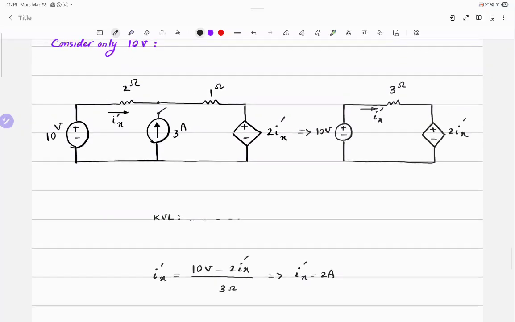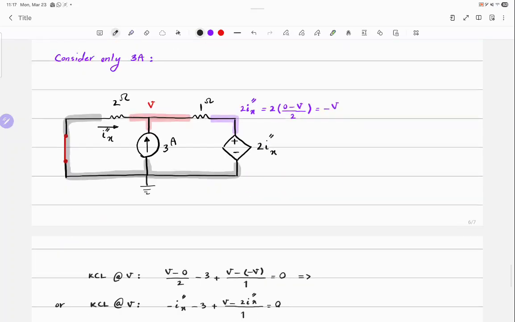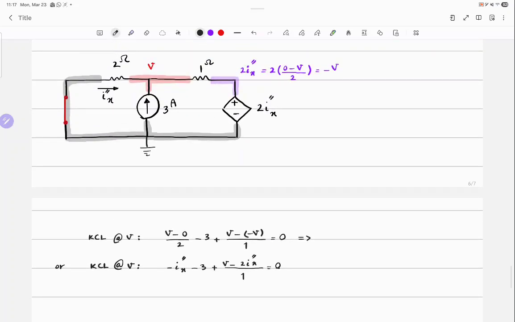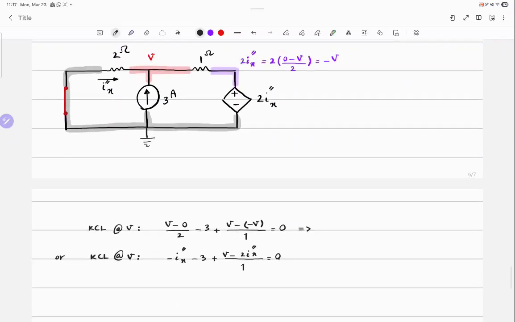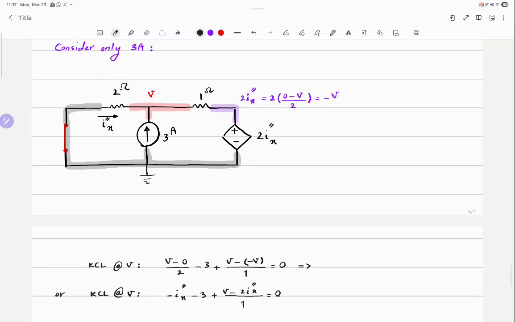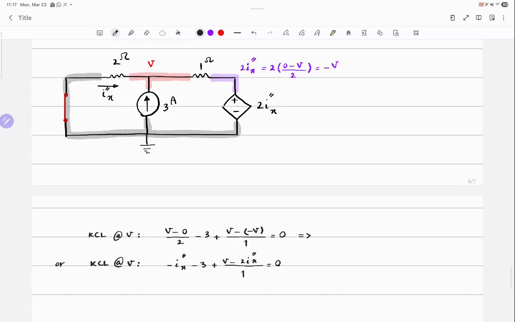And what's the other one? Did I write something wrong here? V minus 0 over 2 minus 3, V minus negative V over 1 is equal to 0. Let's multiply by 2 and see.